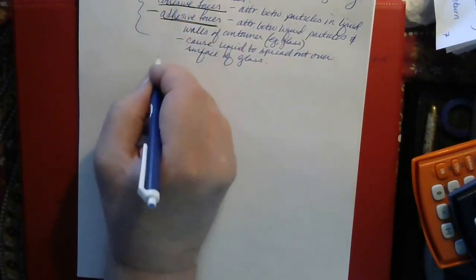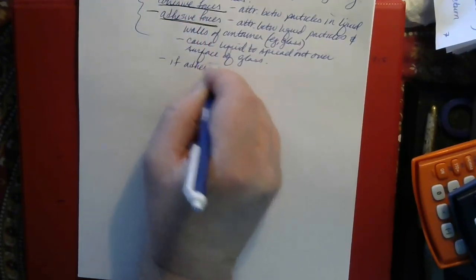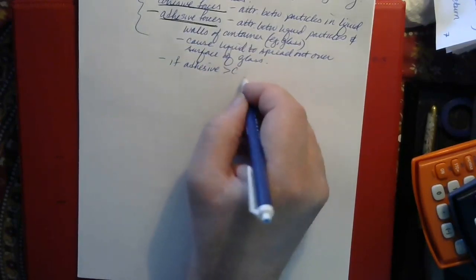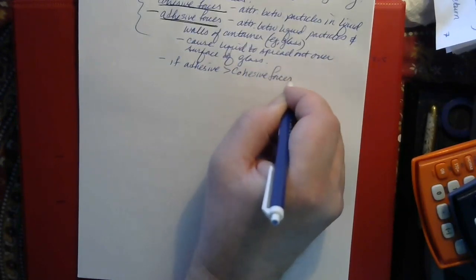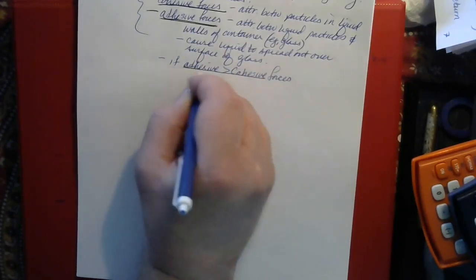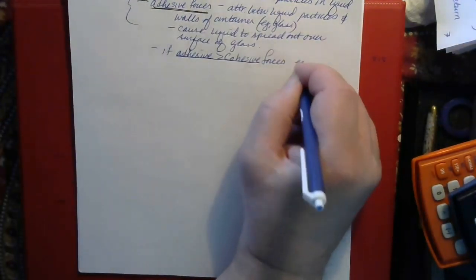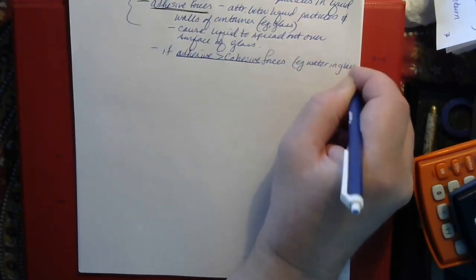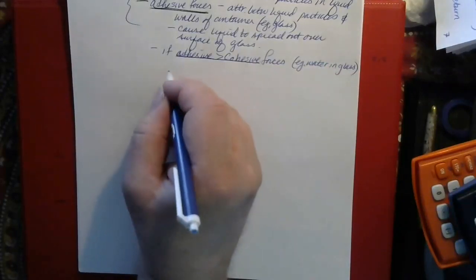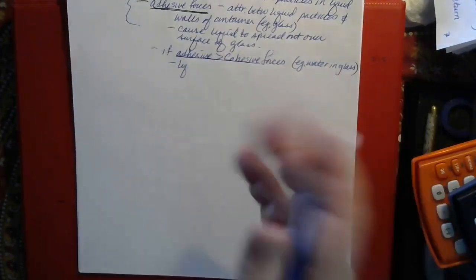And one would be that the adhesive forces are stronger than the cohesive forces. And this is the situation that we usually encounter in the laboratory when we're dealing with water and glass. And what happens here is the liquid is drawn up into the tube.